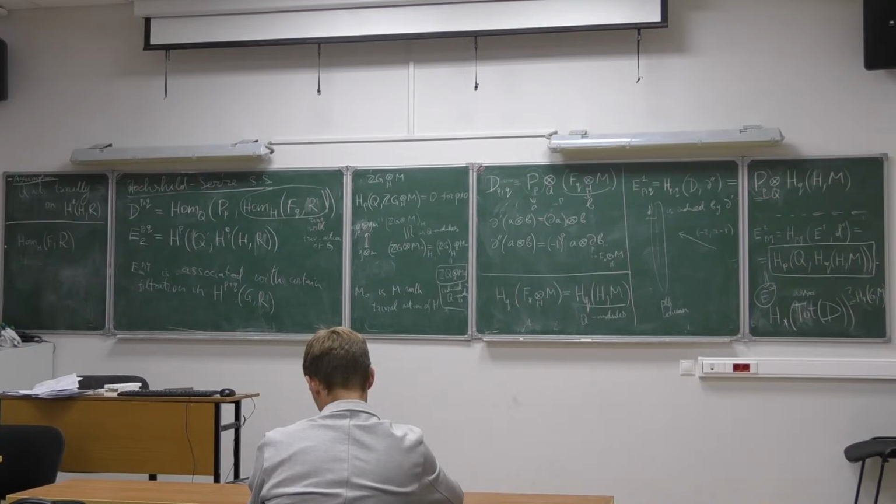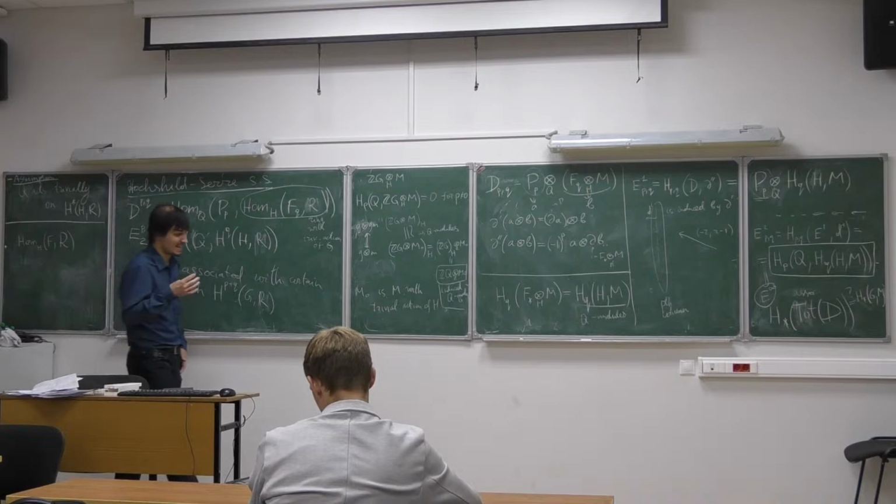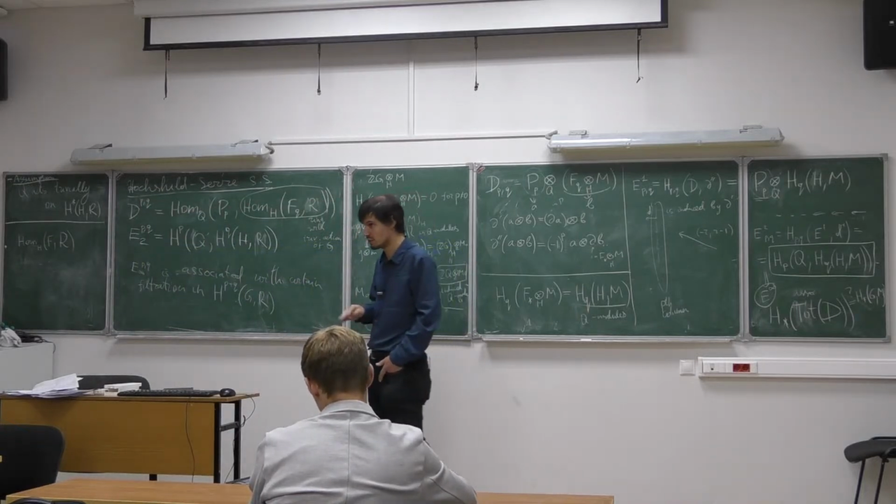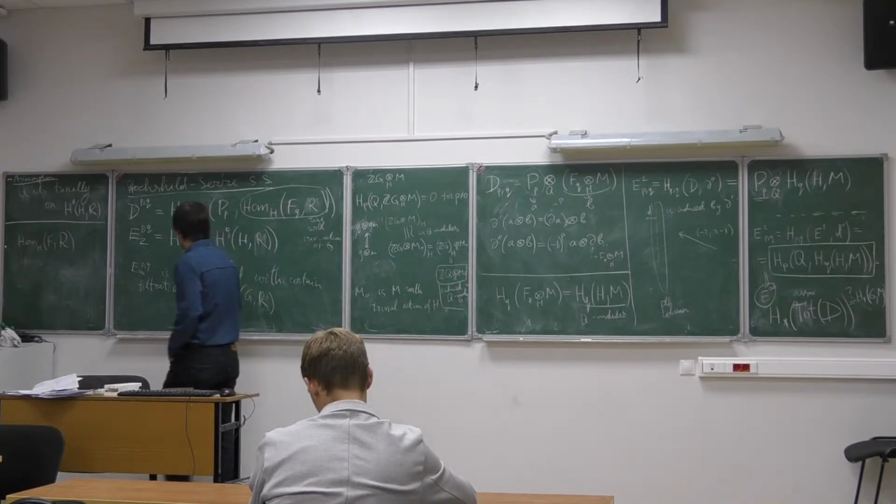Just one note that, of course, multiplication in cohomology is always associative. Multiplication in cochains generally is not always associative. It was associative for a particular choice of approximation of diagonal in bar resolution, but generally it is not associative. But to construct multiplication in the spectral sequence, we never use associativity, so we just do not need it.